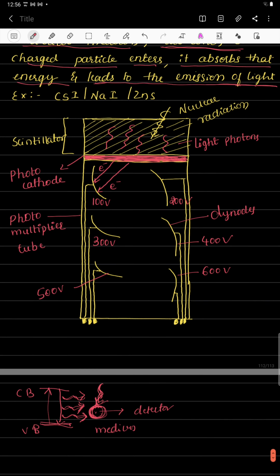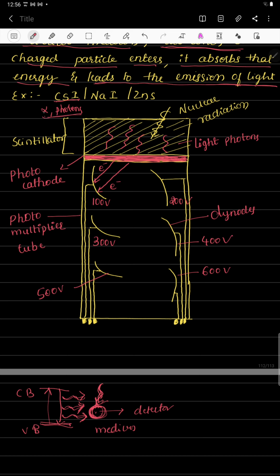Now the best examples of the material medium used inside the scintillation detector: cesium iodide is the medium with the help of which we generate the flash of light. We use cesium iodide when we want to detect alpha or photons, photons meaning gamma radiations.